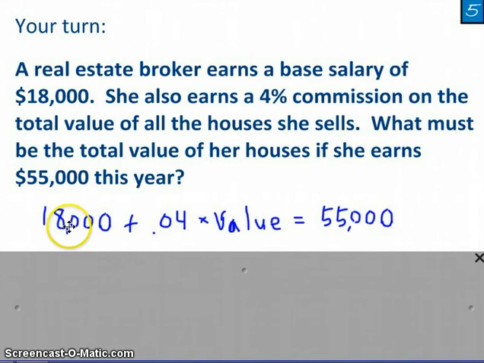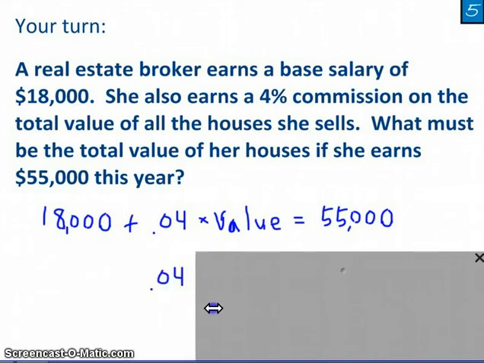I said that the broker got $18,000 even if she didn't sell any house. But every time she did sell a house, she got 0.04, or in other words 4%, times the value of that house. And the grand total of all of that work she did in the year turned out to be $55,000. Okay, well, I want to find out what that value is for the houses she sold.